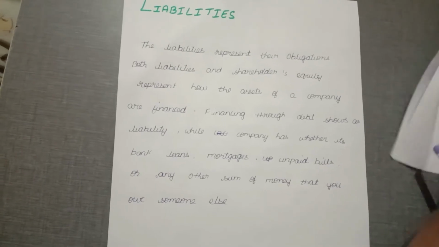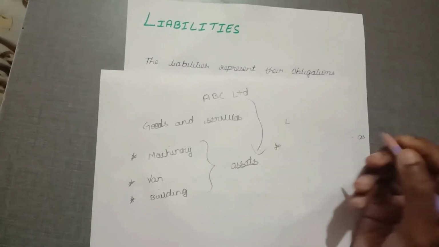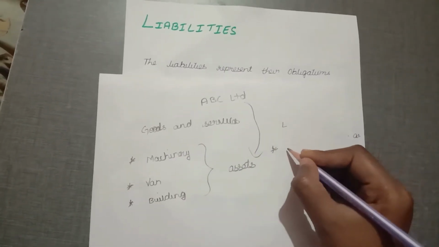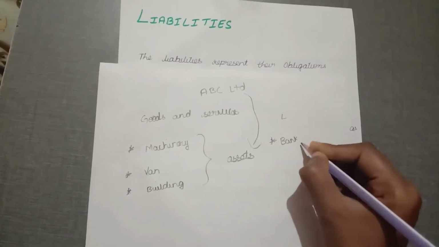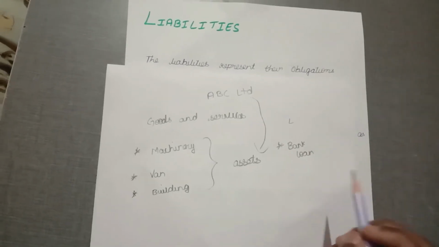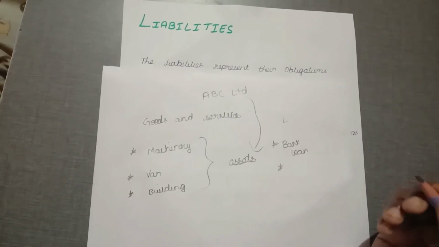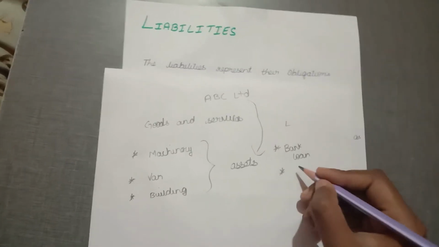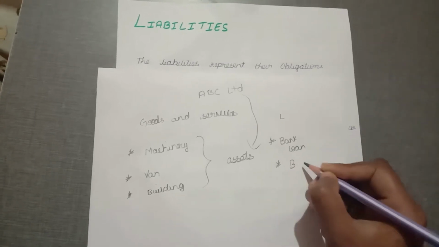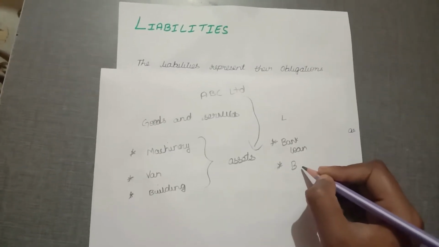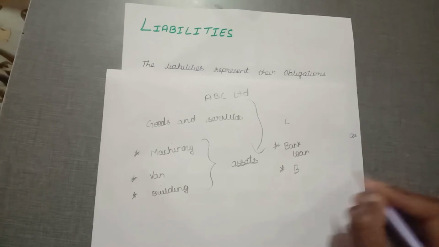We saw how the asset came. For example, for owning machinery, the ABC company took a bank loan for purchasing the machinery. Or they have to buy raw materials for goods and services. They took goods on credit from another person, B, and that also comes under liability.